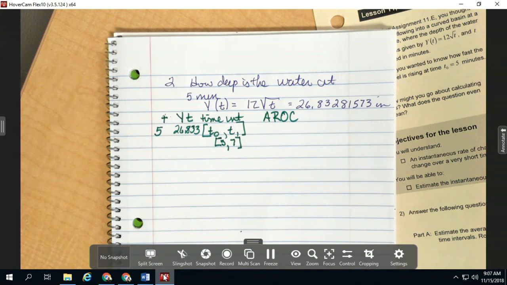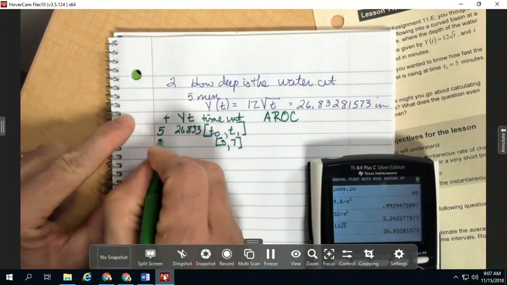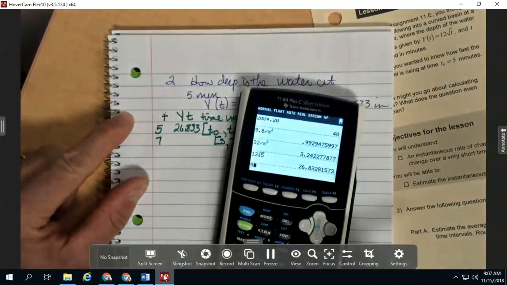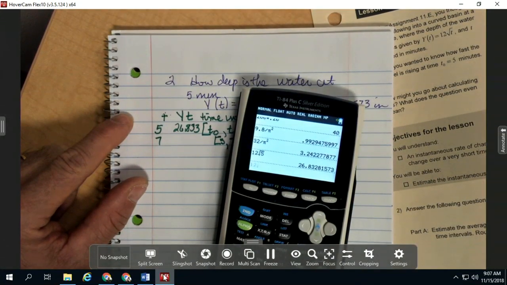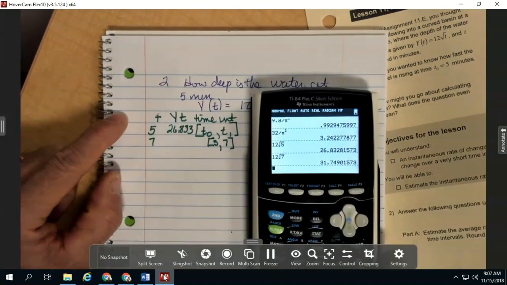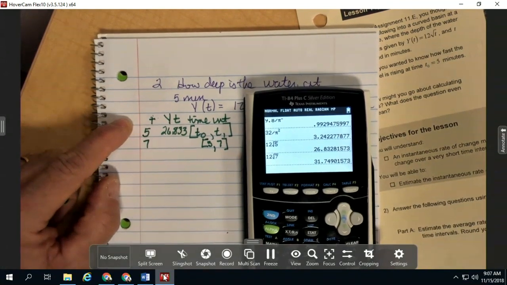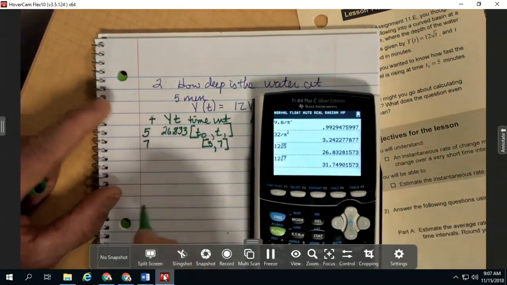Well, we need to know what the value at 7 minutes is, right? So let's see what that value is. So we'll press 12 square root 7. And does it make sense that the water is now 31 inches deep? Because it gets deeper all the time, right?